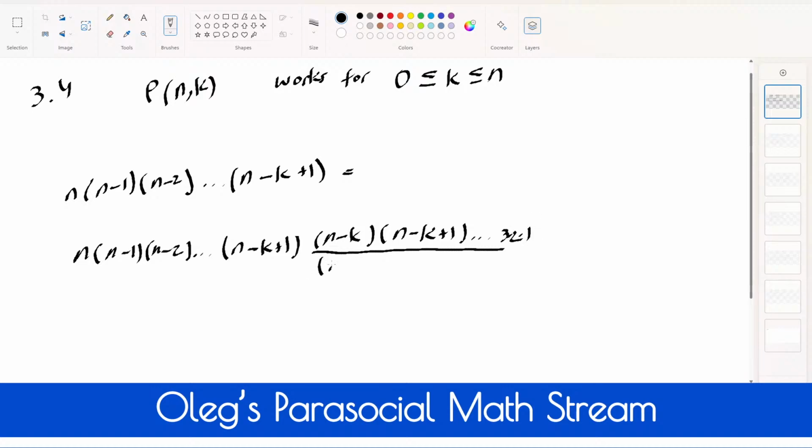Okay, so now you can multiply top and bottom by any number, because that still cancels out to 1, but you can move things around that way, and that's what we're doing here. I'm going to fix that in a minute.